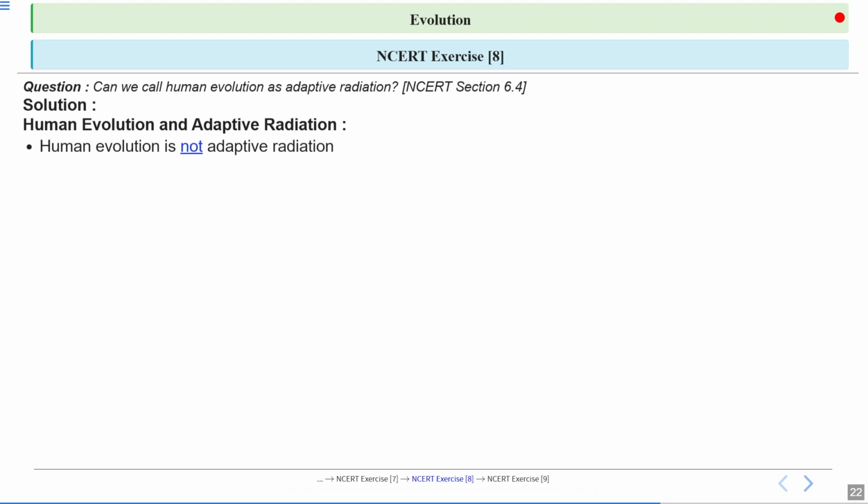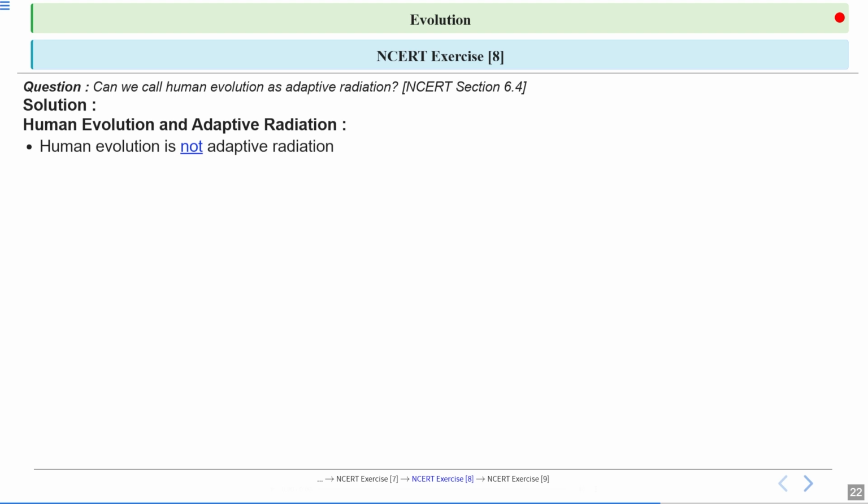Human evolution, on the other hand, is a more gradual process of change and development over time within a single lineage. And there is no diversification observed here.